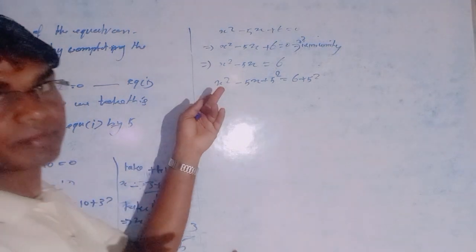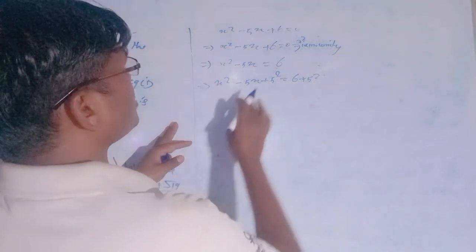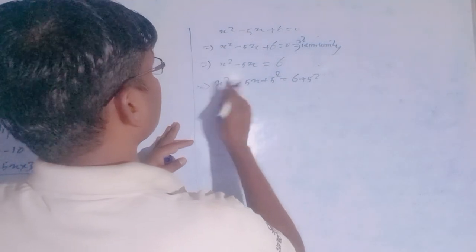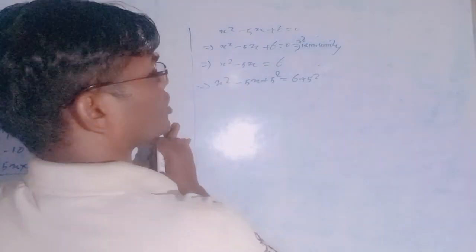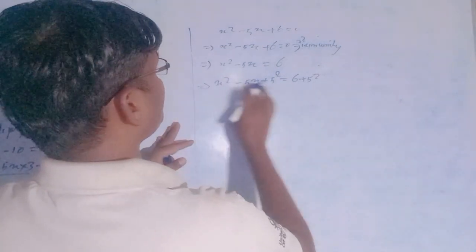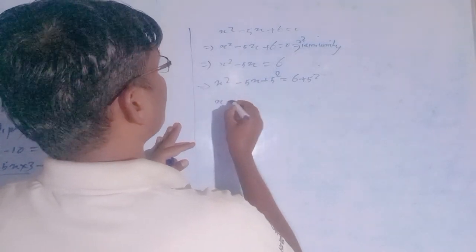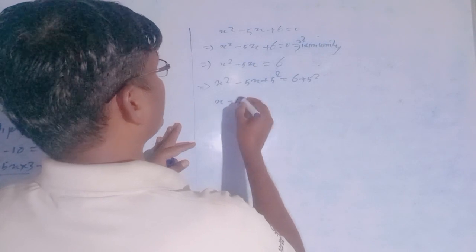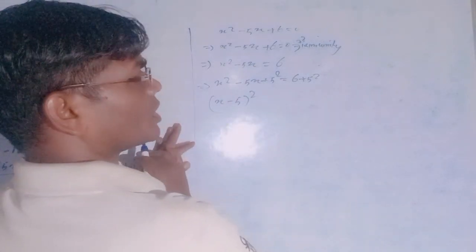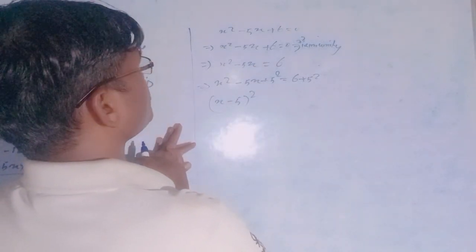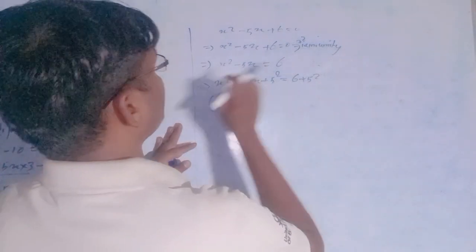Now further, the next step: we will see that x is a square plus b square plus 2ab, so it becomes x minus 5's whole square. Got it? So x minus 5 whole square, we will get it.